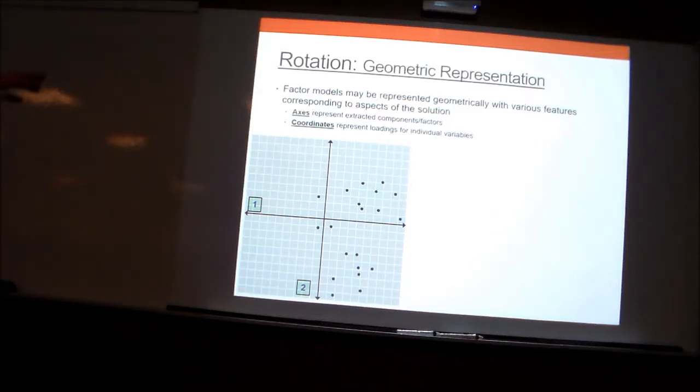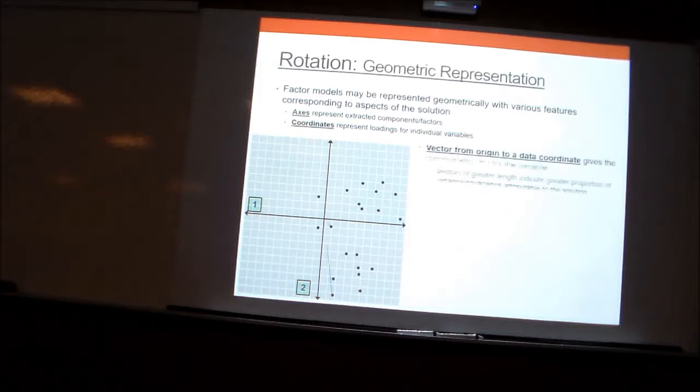It's a real thing, not just a demonstration. This is a two-factor solution. The vector from the origin to the individual points gives us the communality for our variables. Vectors with greater length indicate a greater proportion of variance and covariance attributable to that solution.